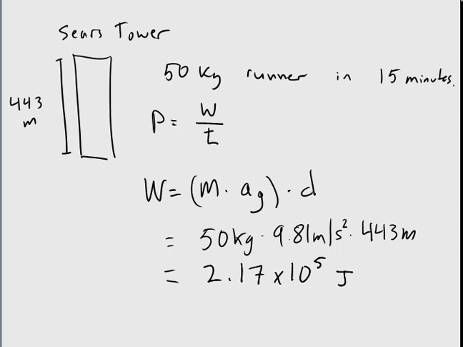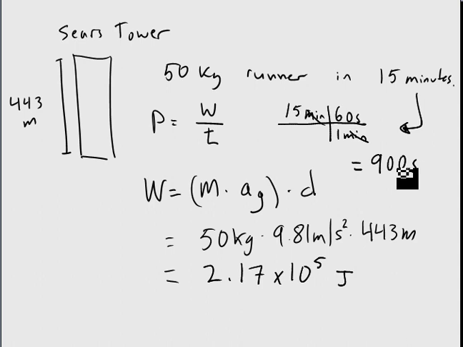And the time, so remember that a watt is a joule per second. We have time in minutes right now, so let's go ahead and just convert 15 minutes to seconds. Right, so 1 minute, 60 seconds. So that's going to give us 900 seconds.